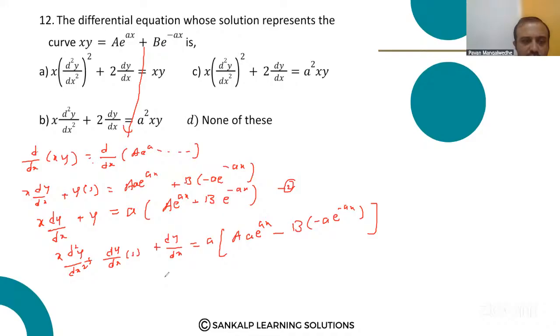So this is what the thing, that is x into d square y by dx square plus 2 into dy by dx, which is equals to a square, that is a, and inside one more a it is going to multiply, that is a square into bracket a into e raised to ax plus, that is minus of minus, it will become plus b into e raised to minus ax.